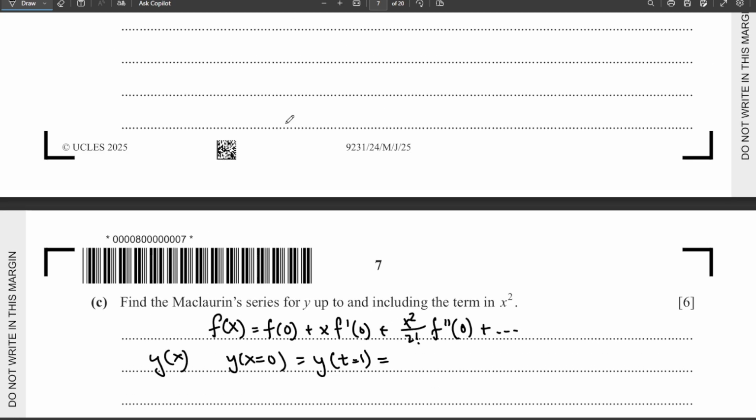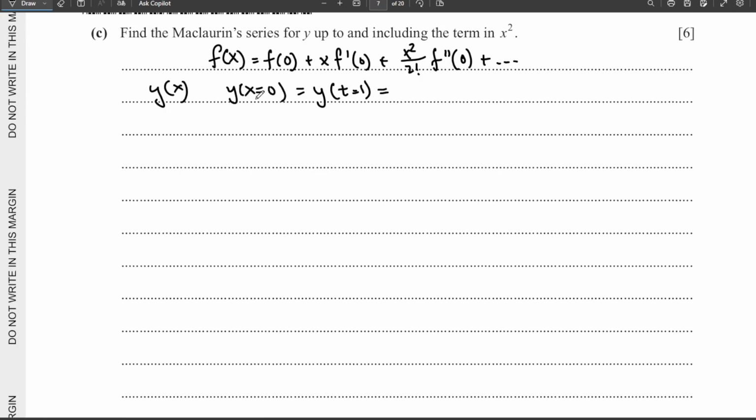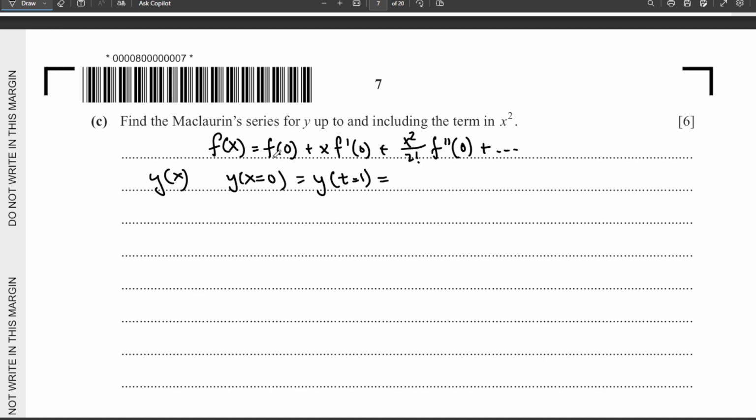Using the Maclaurin series, we want to evaluate the dependent variable when the independent variable is 0. But in this case, our independent variable depends on another variable, as a parametric function of t.